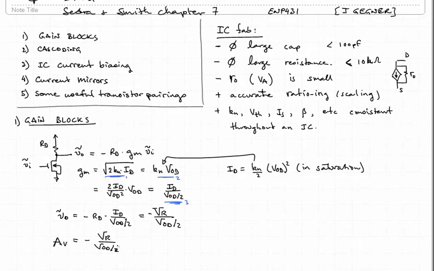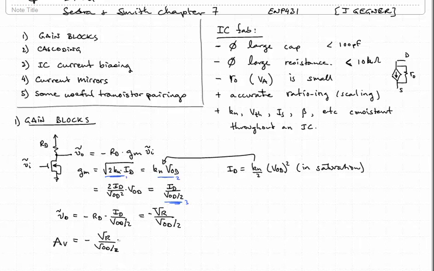Now, if we were trying to maximize this voltage gain, then for a given operating point, we certainly would want to maximize VR. And in general, we would say, well, we want to maximize RD, and of course we want to maximize gm as well.